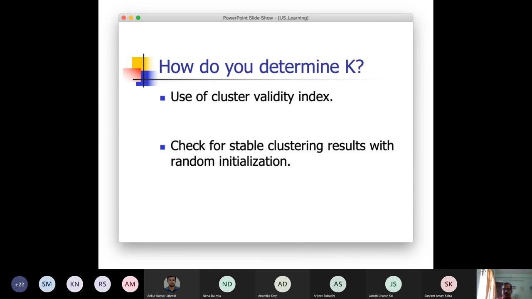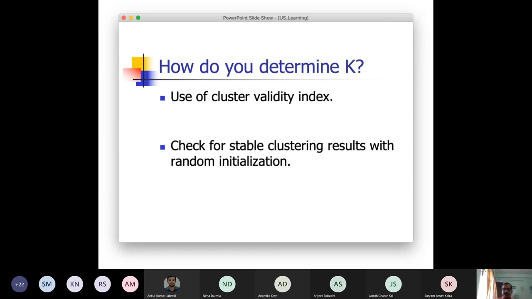But if you would like to do it automatically, that means you have simply a data set, the distribution of the data, and from there, can you choose an appropriate value of k?